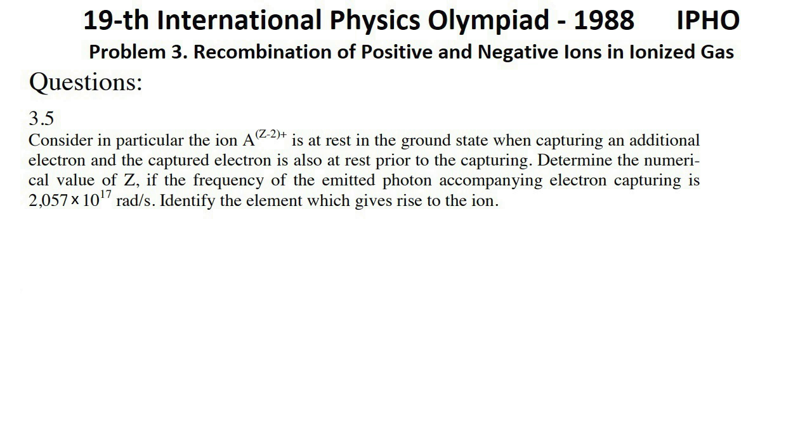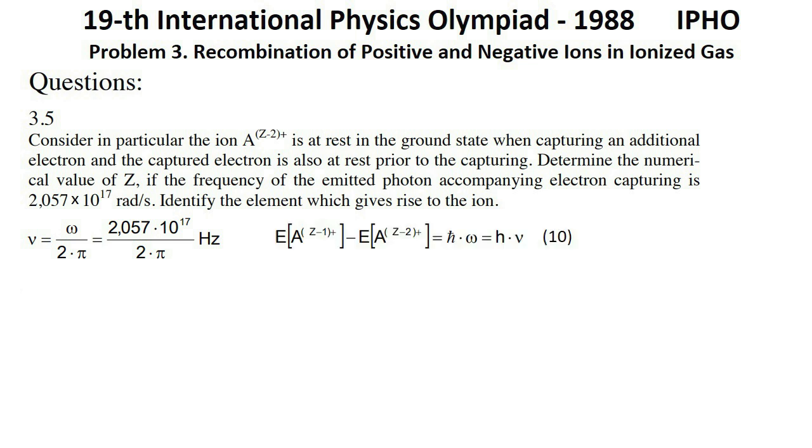Solution to question 5. The ion A^(Z-2)+ is at rest when it captures the second electron, also at rest before capturing. From the information provided in the problem, the frequency of the photon emitted is given by this expression. The energy equation can be simplified to expression 10. Using previous results we get expression 11.